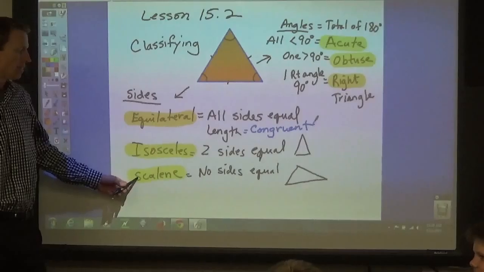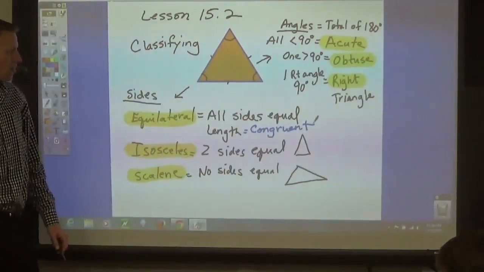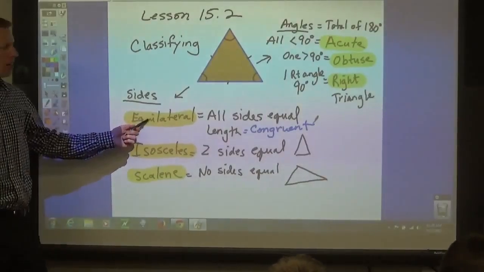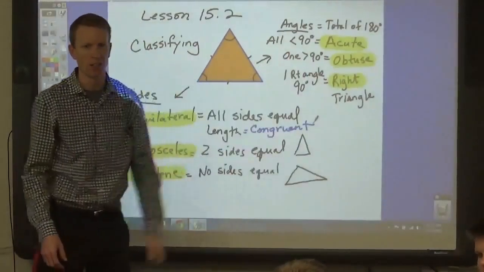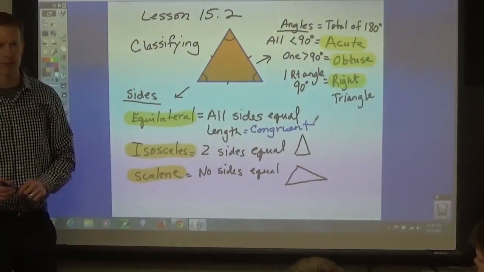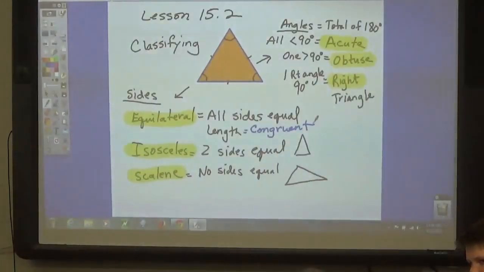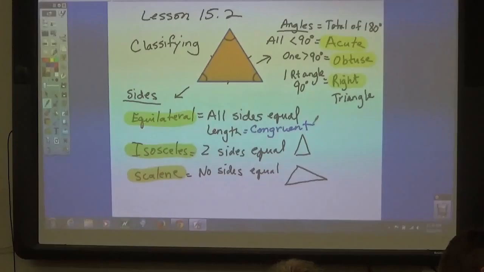Is it a scalene right triangle? Or an equilateral acute triangle? You can classify the triangles in different ways. Okay? Any questions? Use these notes then to help you to do 15.2. I have a worksheet.